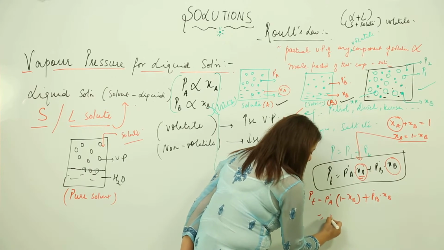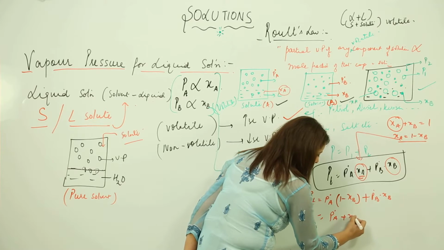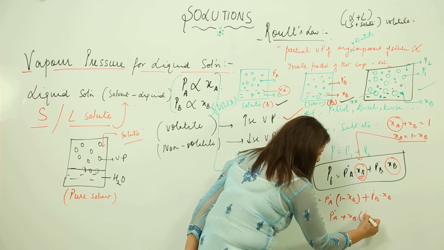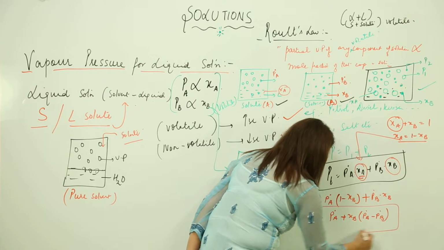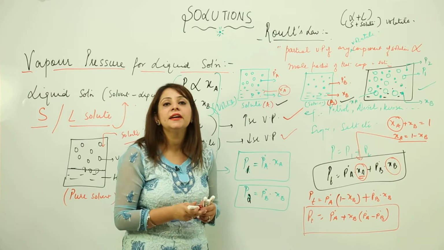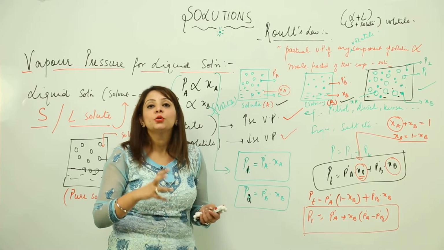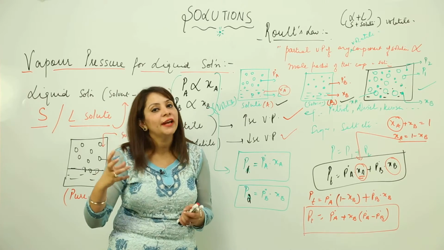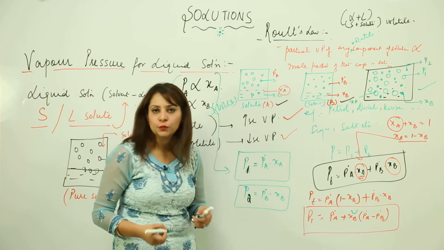I can also write it this way: P naught A plus XB taken as common, (P naught B minus P naught A). So this is what I can have for the total pressure. Here I am just trying to express the total pressure, or relate the total pressure, to the mole fraction of any one component. As I did for XB, you can also take the value for XA.